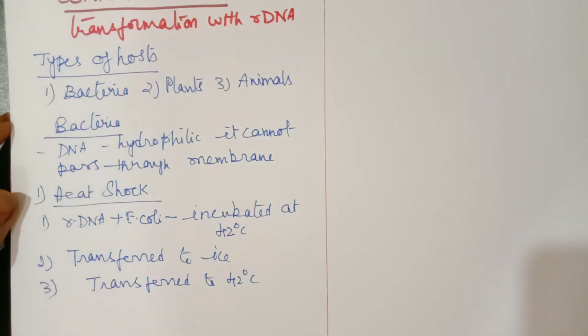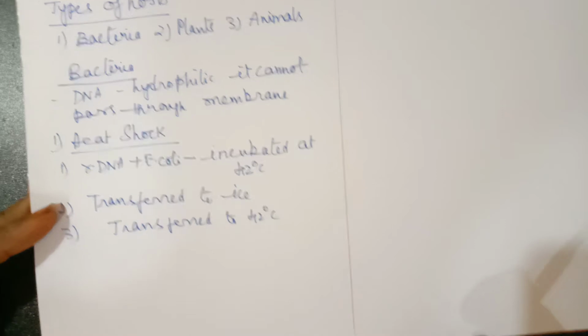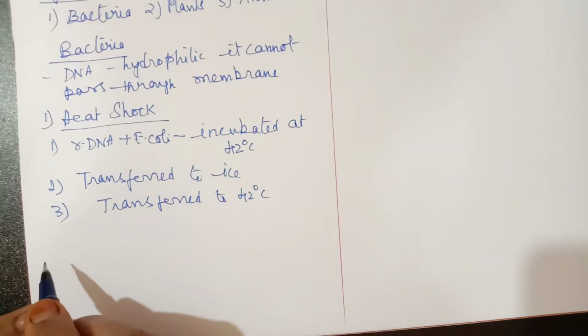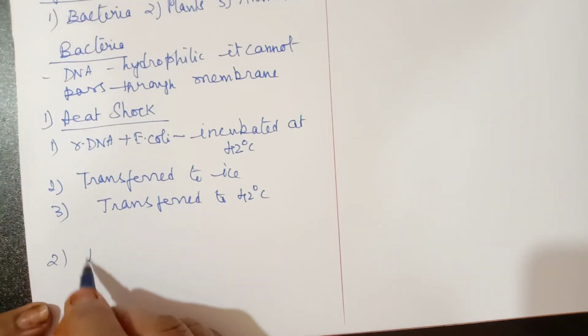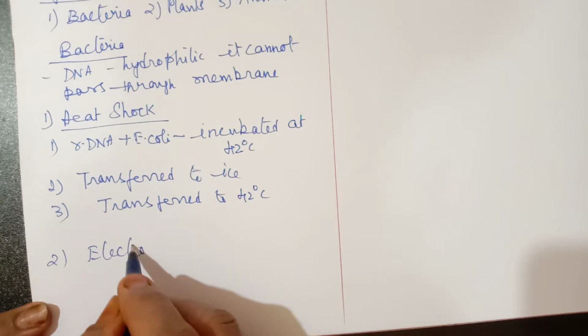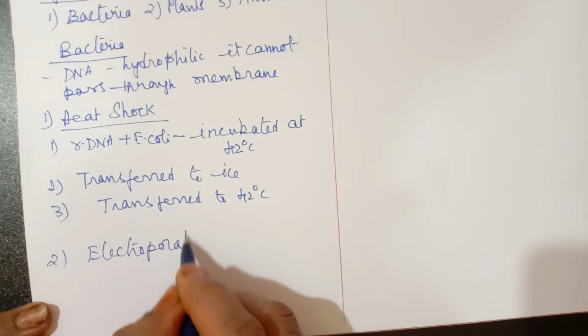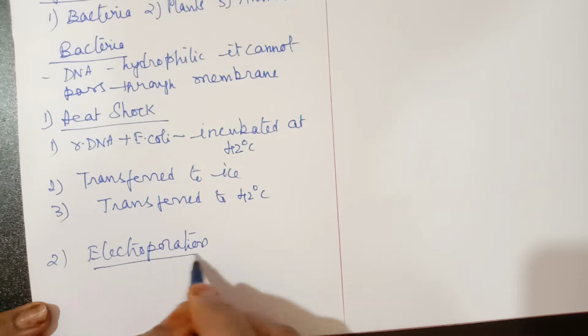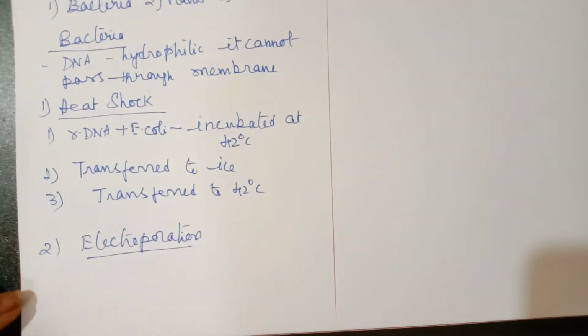This is one method. Now the second method which can be used for a bacterial cell is called the electroporation method. In electroporation, electricity is passed to the cells, and that also makes the cell membrane permeable.